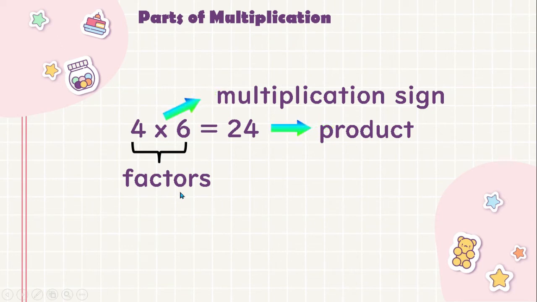They are also called multiplicand and multiplier. So, si multiplier natin si 4, si 6 naman yung multiplicand. Okay? And then, 24 is the product. Product is the answer in multiplication, and multiplication sign, that's the mathematical symbol used in multiplication. So, ito yung parts of multiplication natin.